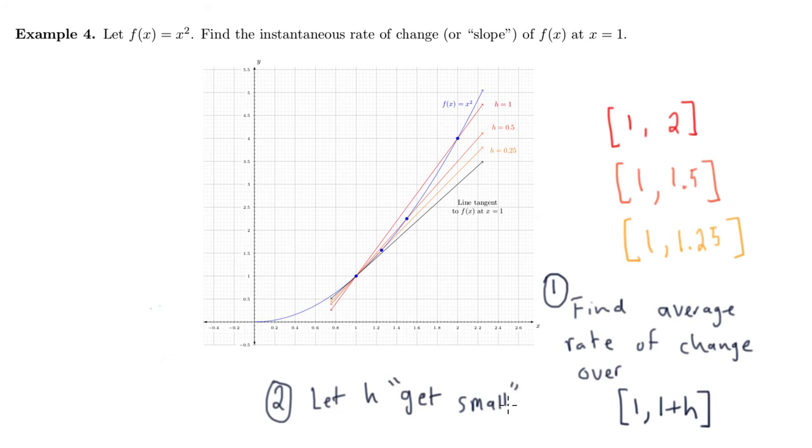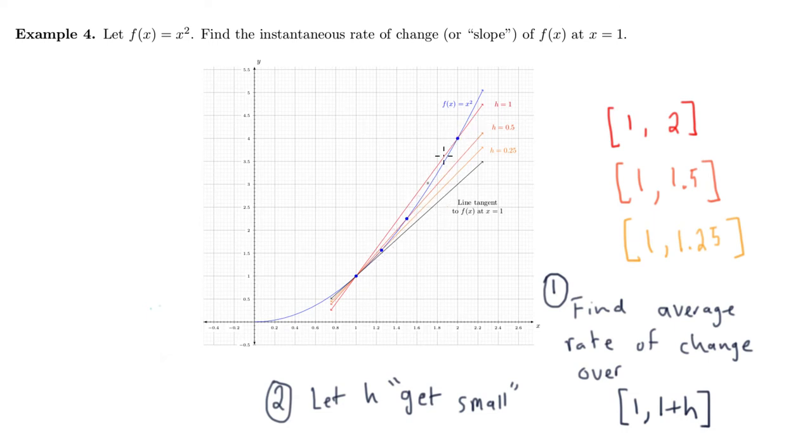Because remember, back in the introduction, I said that we need to figure out how to zoom in and figure out what's happening on a very small scale. In other words, we need to introduce the idea of a limit. So precisely, we need to take the limit as h goes to 0.